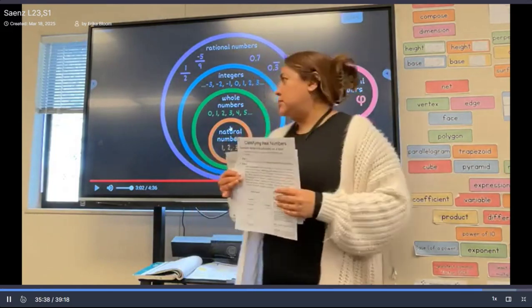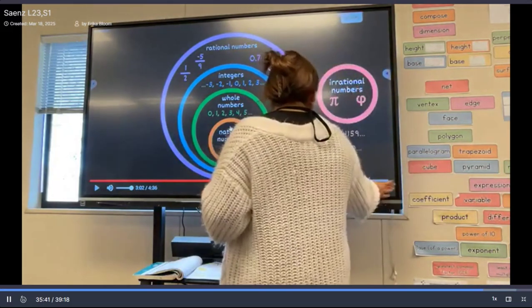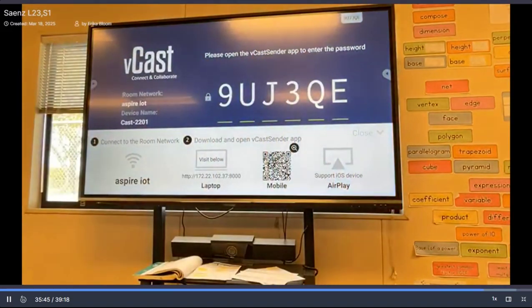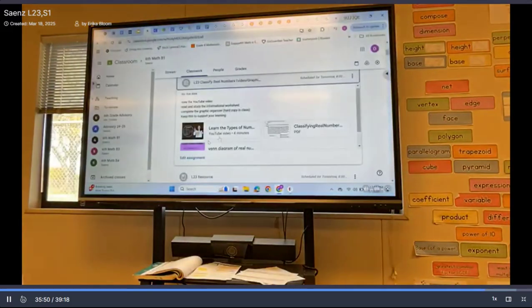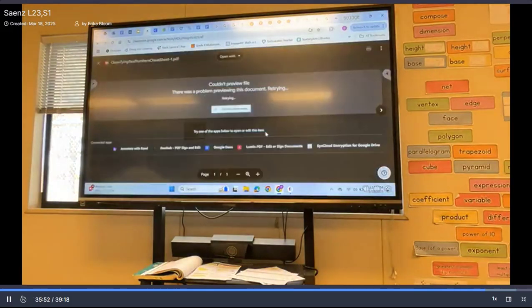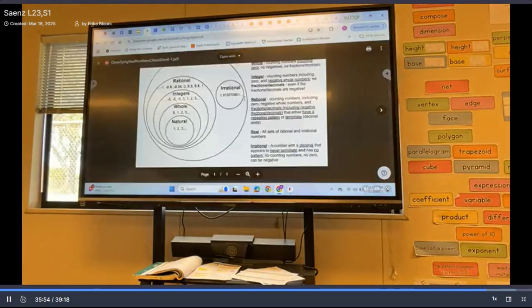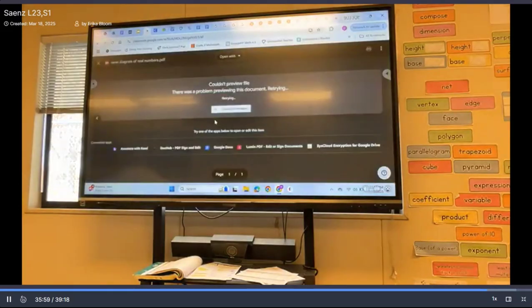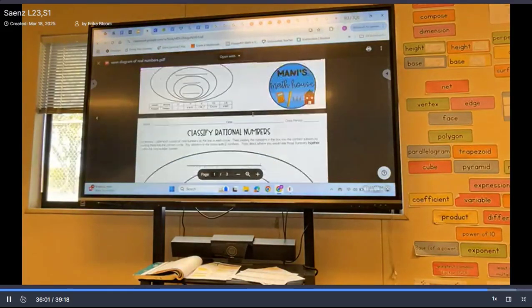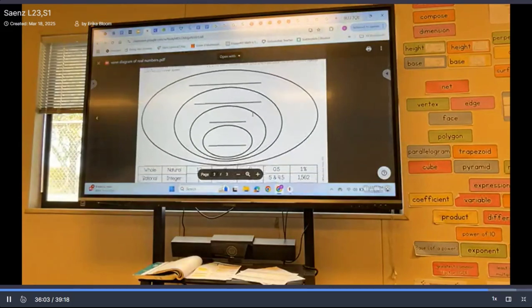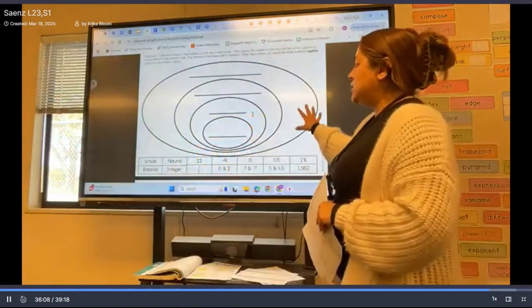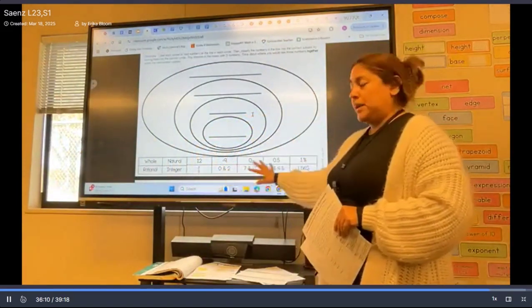Look at the graphic organizer, because you are going to attempt to classify this graphic organizer using the word bank down here.